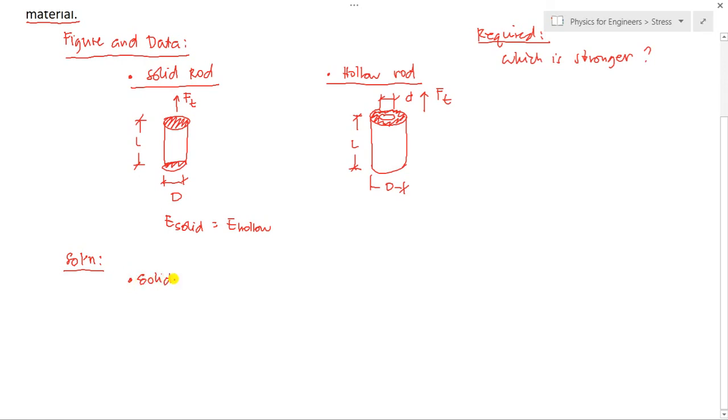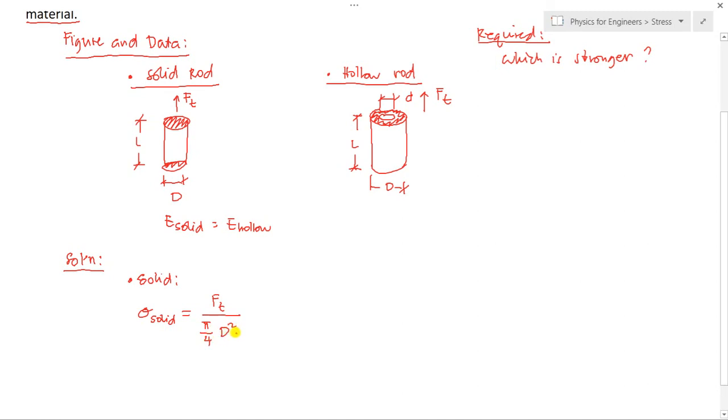So, the formula for tensile strength is small sigma. This is for solid, so we indicate it as sigma solid, equal to the applied force Ft over the cross-sectional area for solid, which is pi over 4 times d squared.